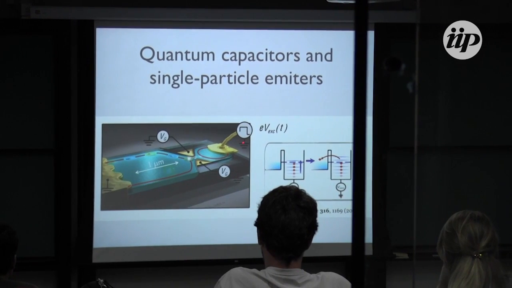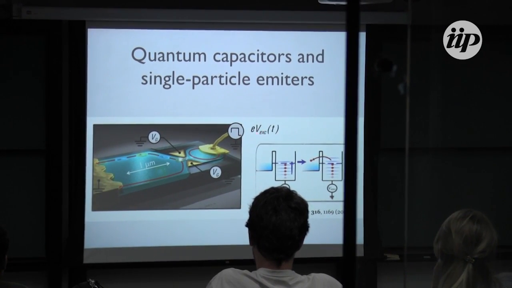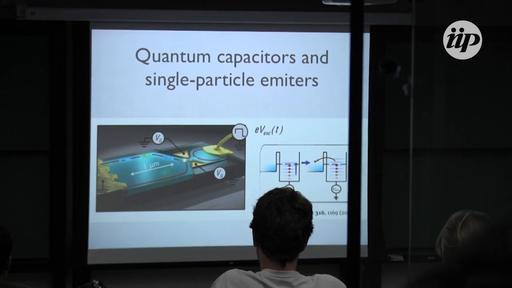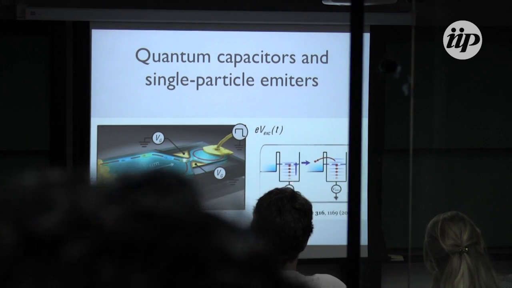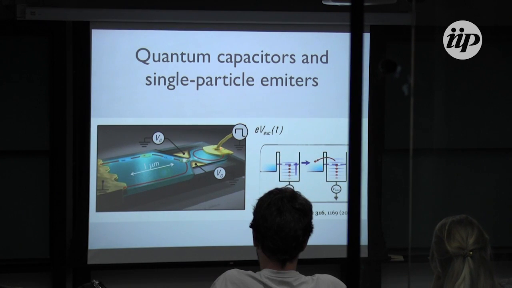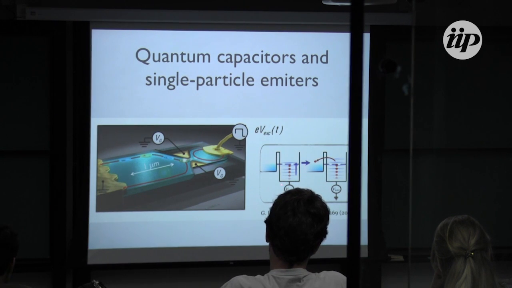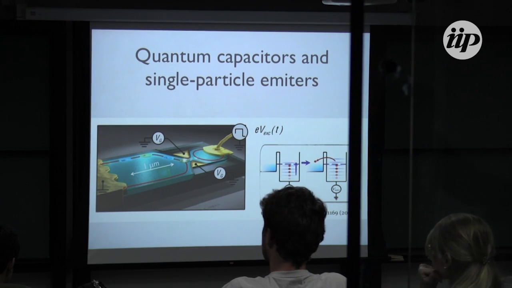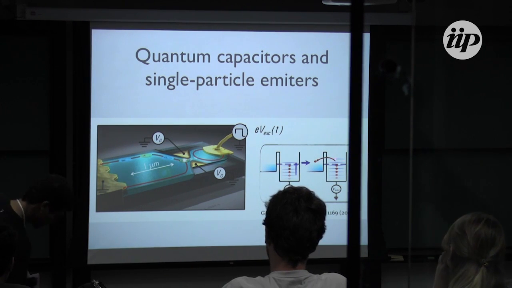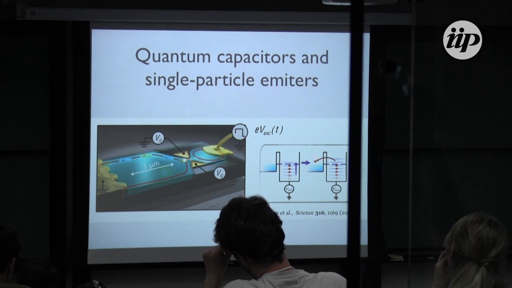These systems are manipulated by AC gate voltages in a way that the gate voltage is applied at this region, and in this way the levels within the quantum dot are moved up and down, and in this way they manage to use these setups as particle emitters.